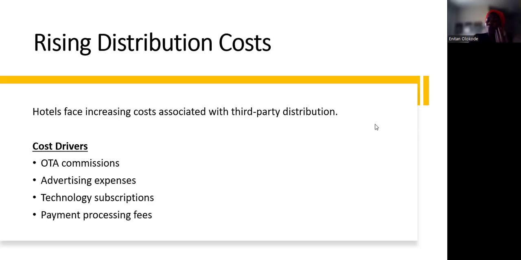And as competition intensifies amongst us, we tend to spend more on acquiring a guest. We want our guests to patronize us. We want to acquire customers, right? But we tend to spend more on them. So as managers, we must carefully evaluate the return on investment, our ROI.